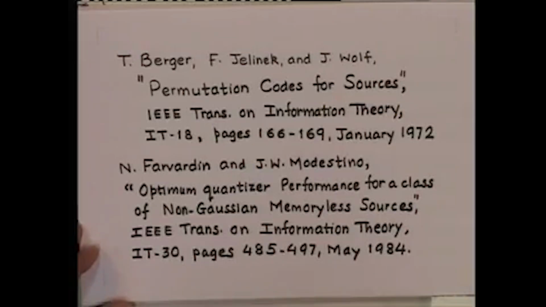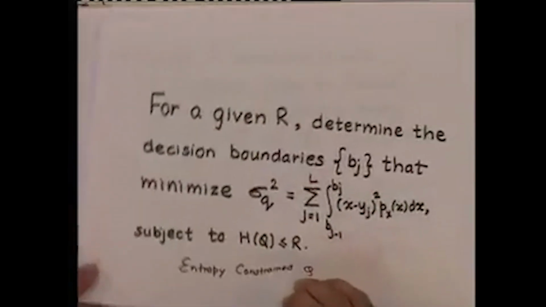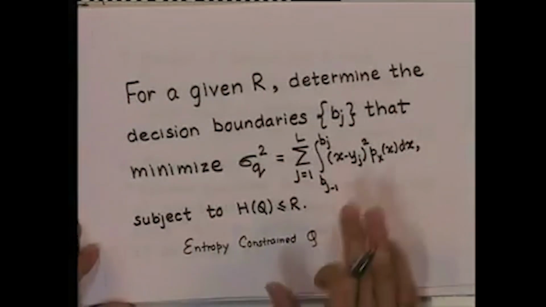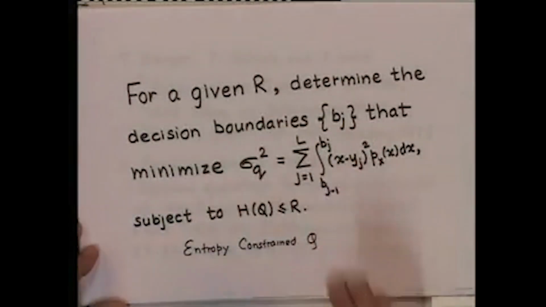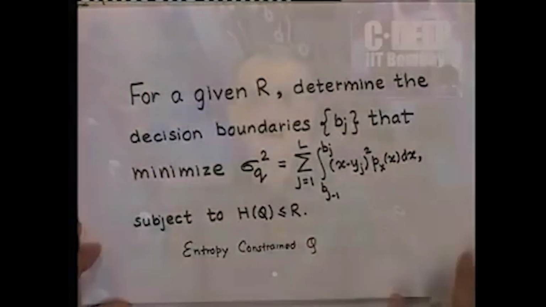So, in general, the design of an entropy constraint quantizer is a little more complex. Now, we have also seen that any non-uniform quantizer can be represented by a compressor followed by a uniform quantizer and followed by an expander.